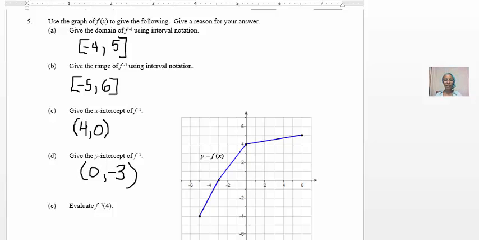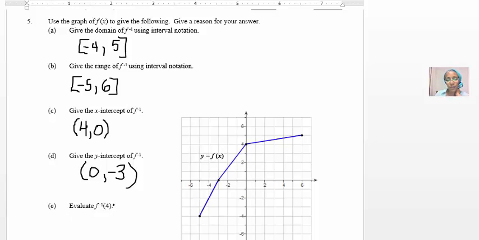And then we're asked to evaluate f of 4. I'm sorry, f inverse of 4. We need to find the y value of 4 on the graph of f, and we see that corresponds to a point whose x-coordinate is 0.